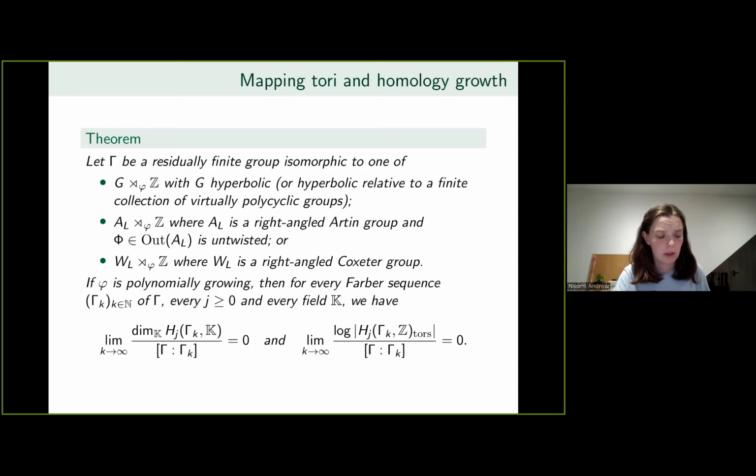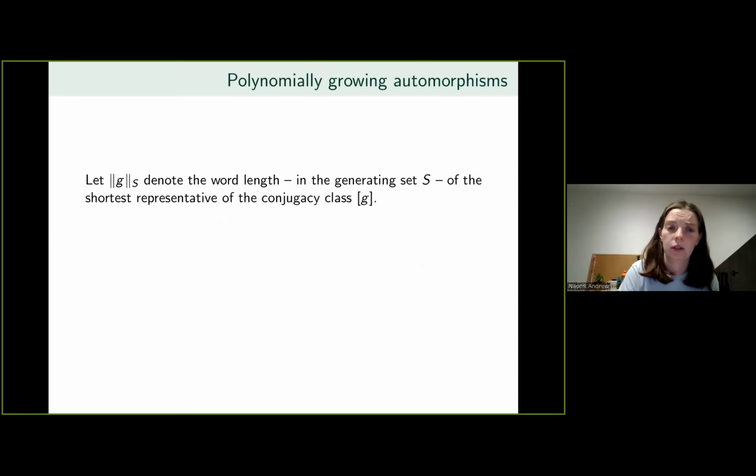Okay. So I need to tell you what a polynomially growing automorphism is. And for this, we need, I guess, one step back's worth of definition. We're going to have a finite generating set for our group. And I'm going to take my element g, and I'm going to look at its conjugacy class. And some representative in that is going to be shortest.